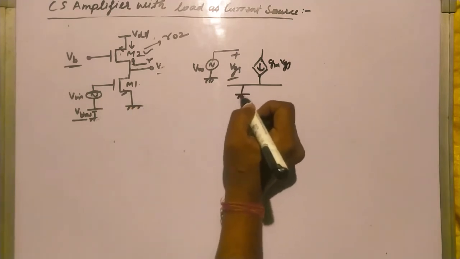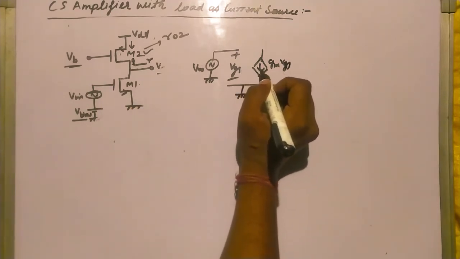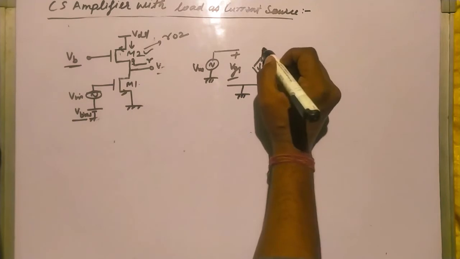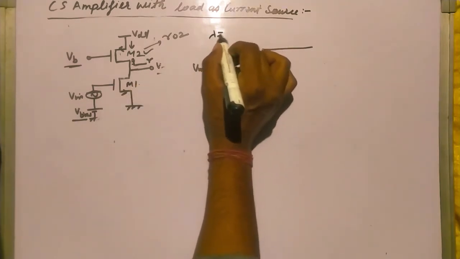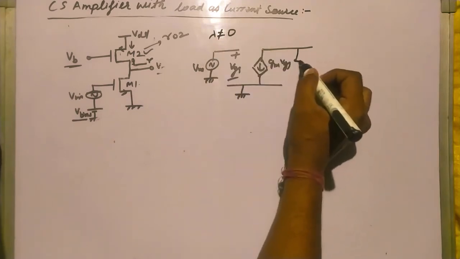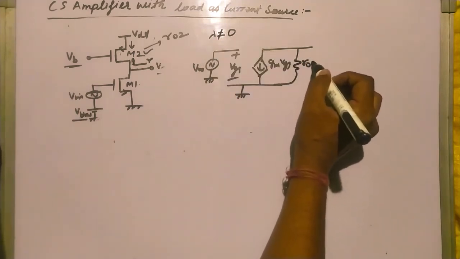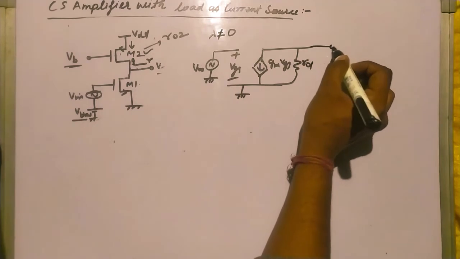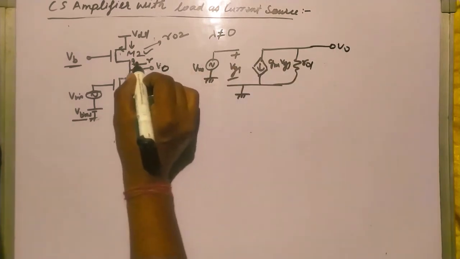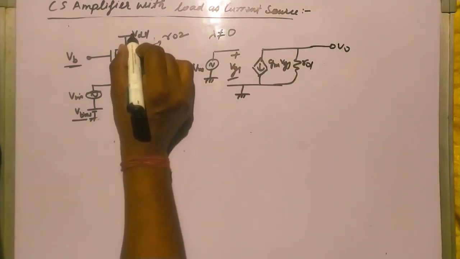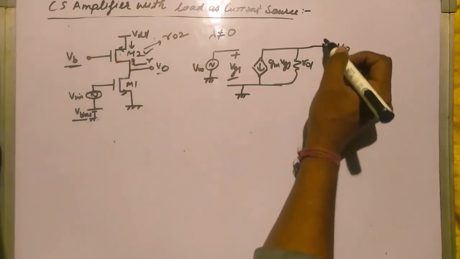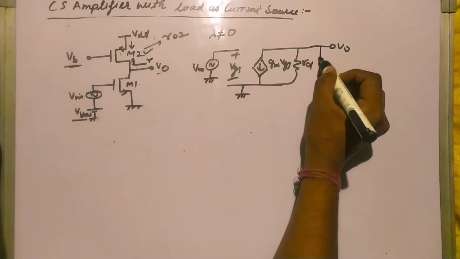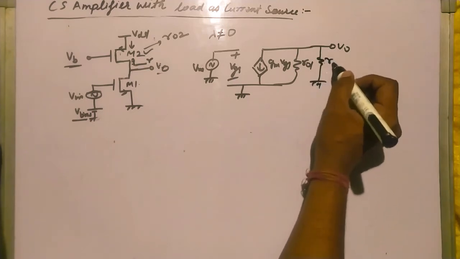Source is ground. We are considering the channel length modulation, so it is my R0 1, and this is V0. And from V0 to ground, which is VDD, the resistance offered by this M2 is R0 2.